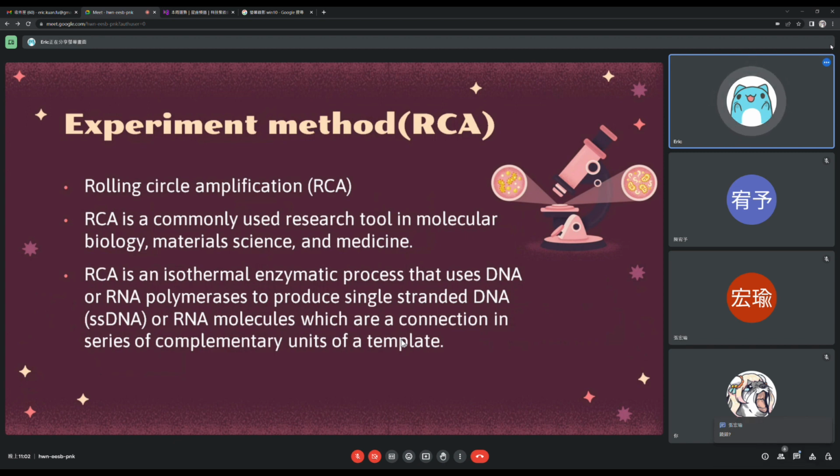RCA is an isothermal enzymatic process that uses DNA or RNA polymerases to produce single-stranded DNA or RNA molecules, which are a concatenation of a series of complementary units of a template. And next page, I will talk about the graph.